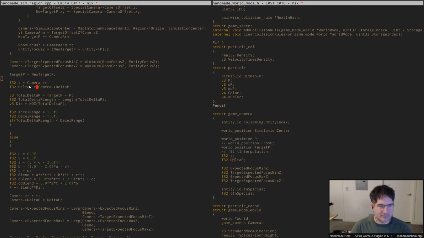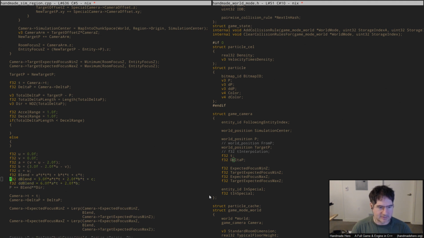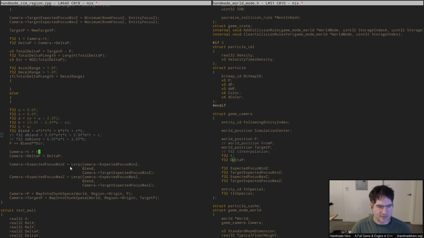So there's some update that happens with these things, but then I still always take the same step this way. And the dblend and the dd blend maybe don't need to be there. I can leave them in because they're valid if we ever want to use them for some other reason, but then we save them, and off we go, right?